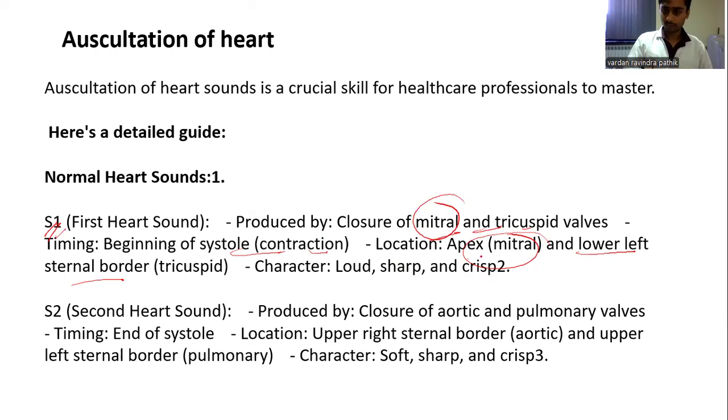Now, let's talk about S1, lower left sternal border. This is going to be your tricuspid. Its character is loud, sharp, and crisp because it is due to valve. The valve sounds are always sharp and like a snap, right?